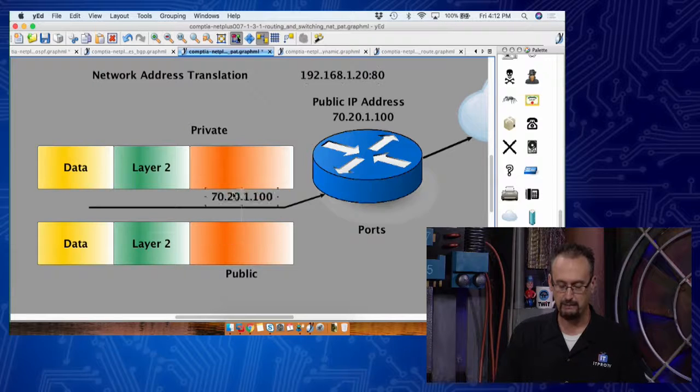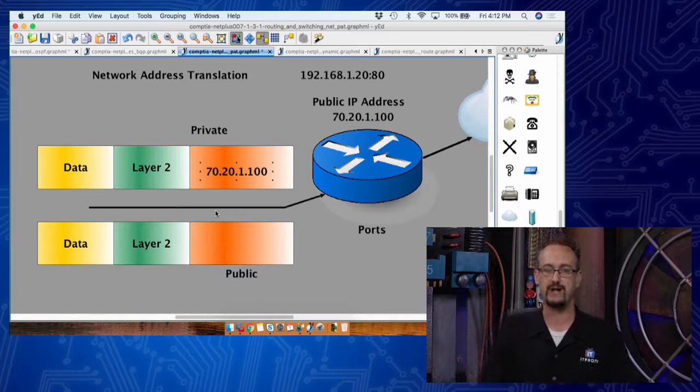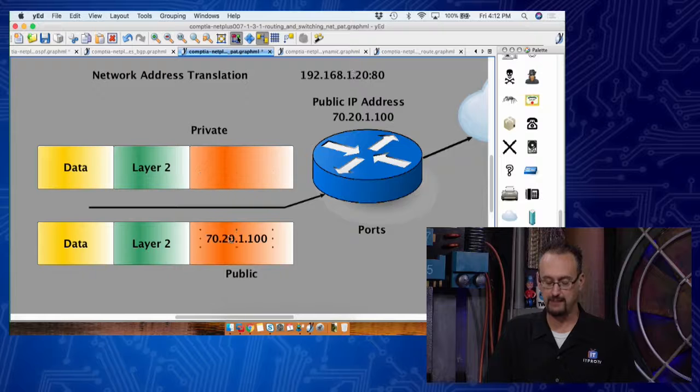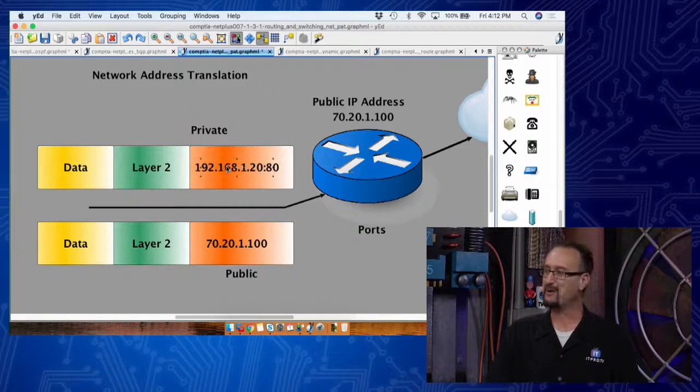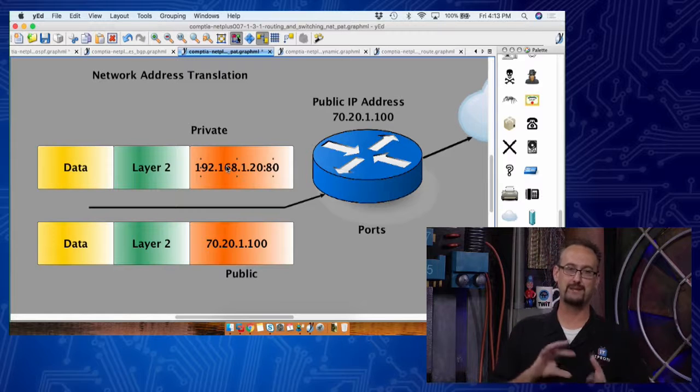And I'm going to put my public IP address on it and send it out across the internet. Now when it comes back into the network, it takes that public IP address off and removes it. Oops. That's why you shouldn't manipulate a slide on the fly here. And it replaces it with the private IP address. I'm going to get this right eventually here. So what we have essentially is a translation. We get the ability to manipulate the packet.